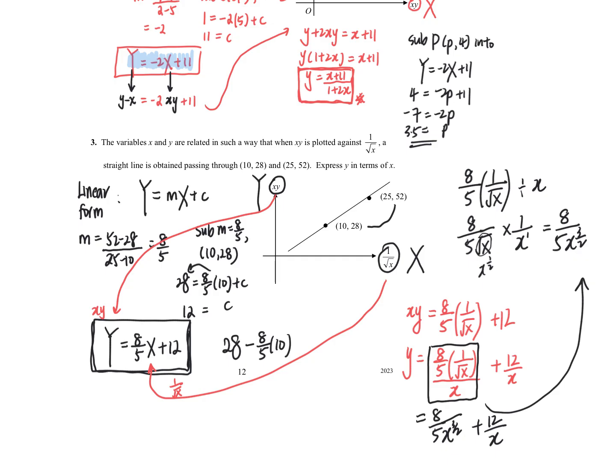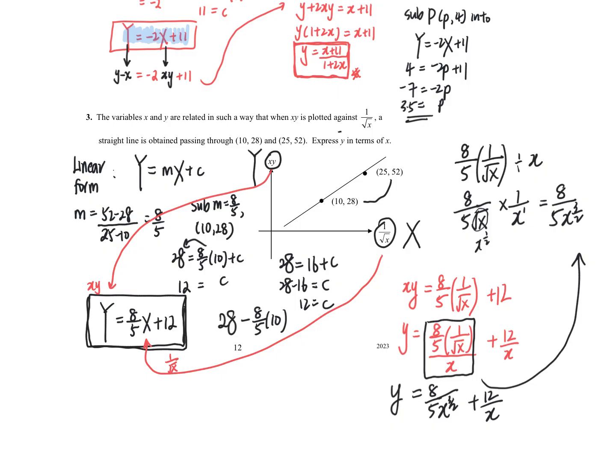Because if you want to divide, it's just like 10, but you shift the whole thing. Times 10. This is 16, right? Plus C. Okay? So this will be how your equation looks like.